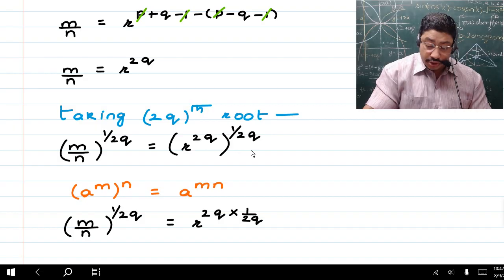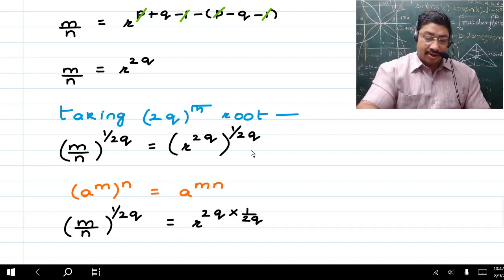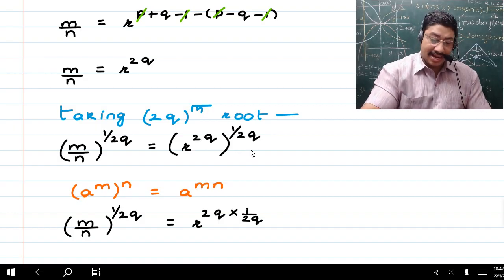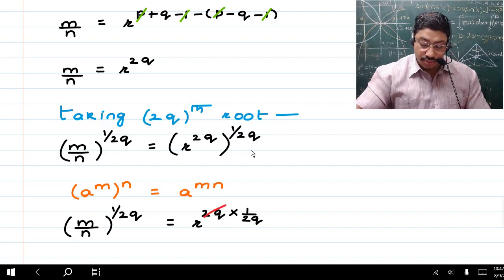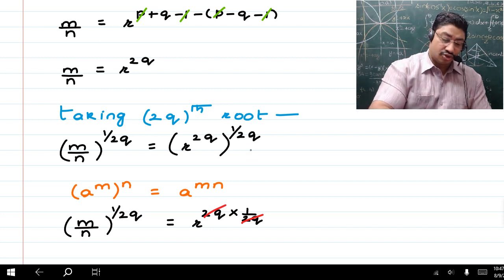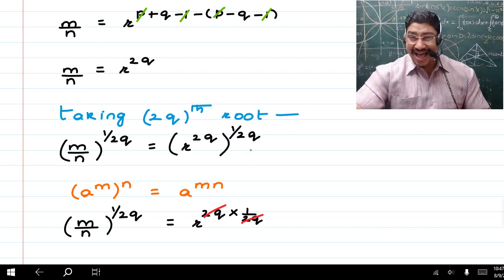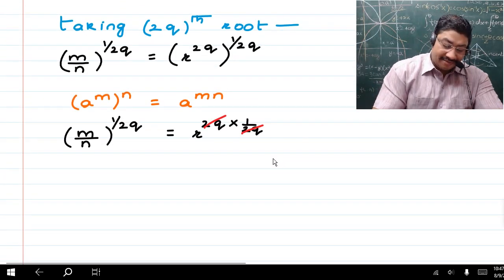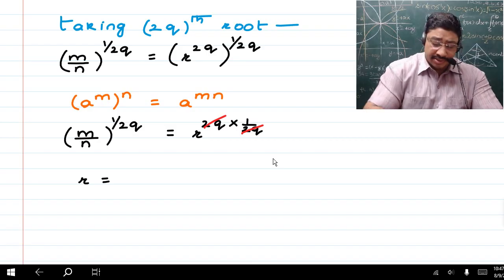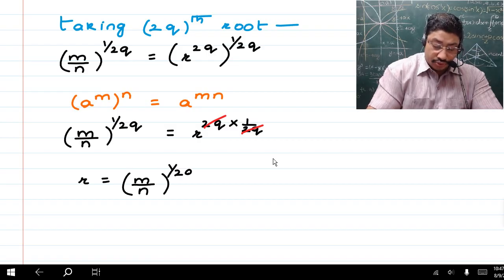Now we can cancel off this 2q and this 2q. As such, we will have r raised to the power 1. So now we get the value of r, which remember is one of our variables, and we get it to be m upon n whole raised to the power 1 upon 2q.